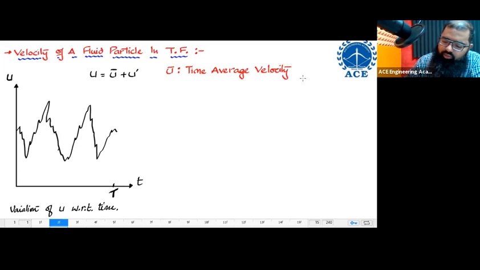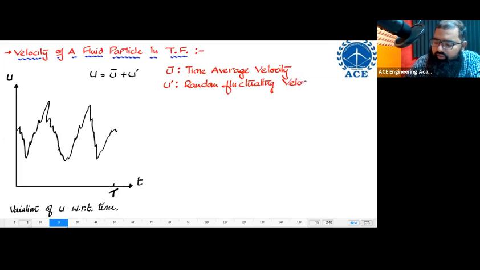U bar is known as time average velocity. I'll help you understand all these things, don't worry. And u prime over here is known as random fluctuating velocity. U bar is time average velocity and u prime is random fluctuating velocity.